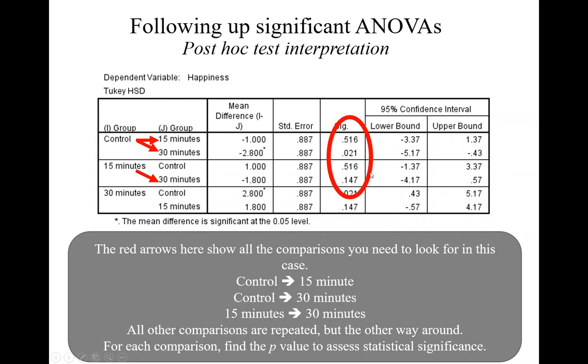We don't need to keep reporting the same thing over and over again. And then we've already compared the 30 minutes to the control group up here, and then 30 minutes to the 15 minutes here. So again, these two p-values are reported up here. So only half of the output in this case are of interest to us.